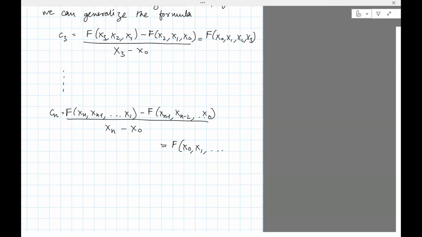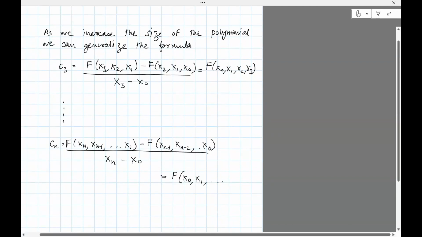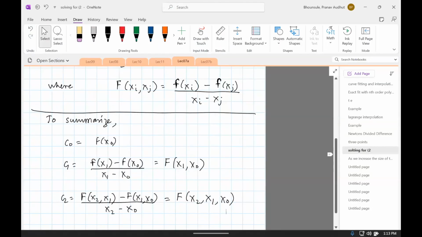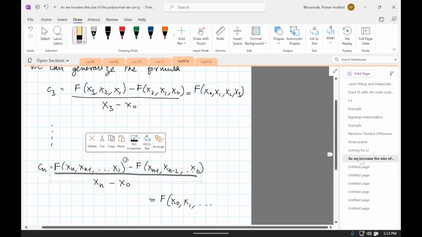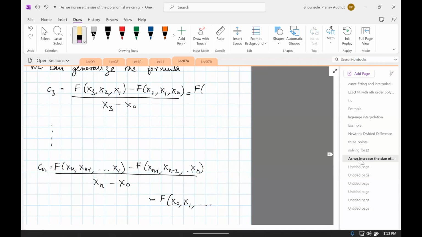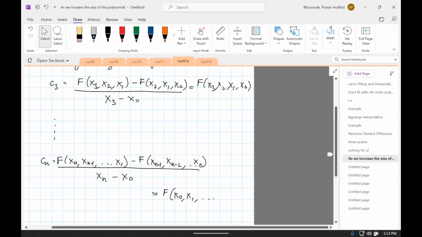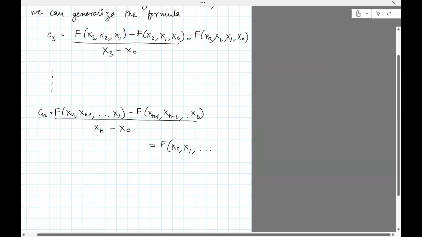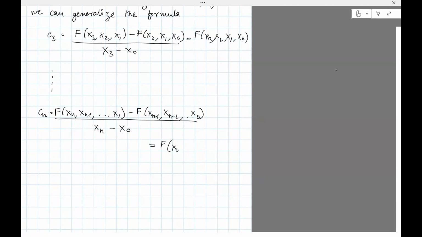I should reverse the order. We just stick to one convention. Hold on, let me see. Okay, I reversed the order, so I should just reverse this to be consistent. This should be written as x3, x2, x1, x0. And this would be written in reverse: xn, xn minus 1, so on till x0.